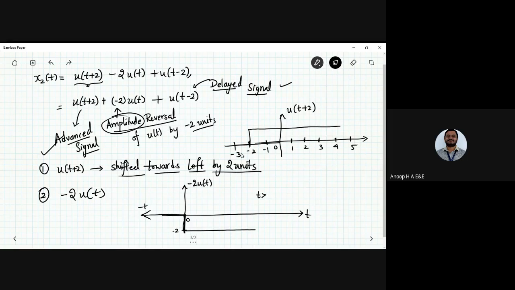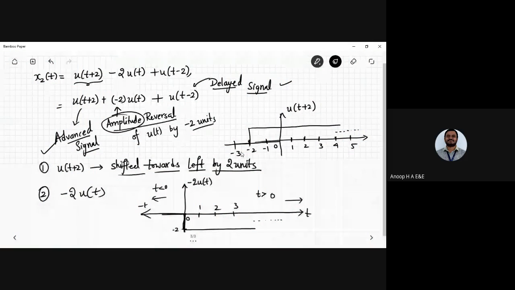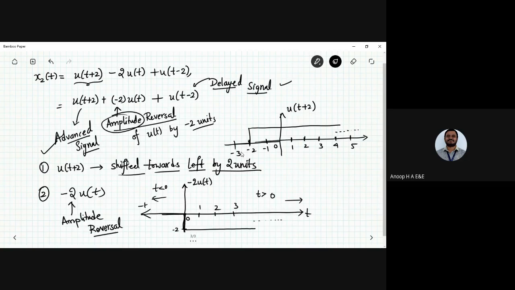Yes, t greater than 0 here, and this one is t less than 0. If you observe carefully, as I proceed here, it will have minus 2 as the amplitude. Next, the third one, this is the amplitude reversal. Now what do I need to observe?